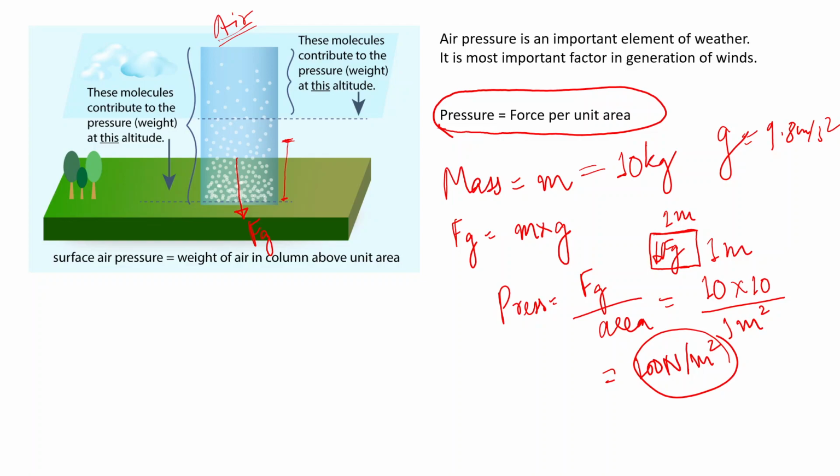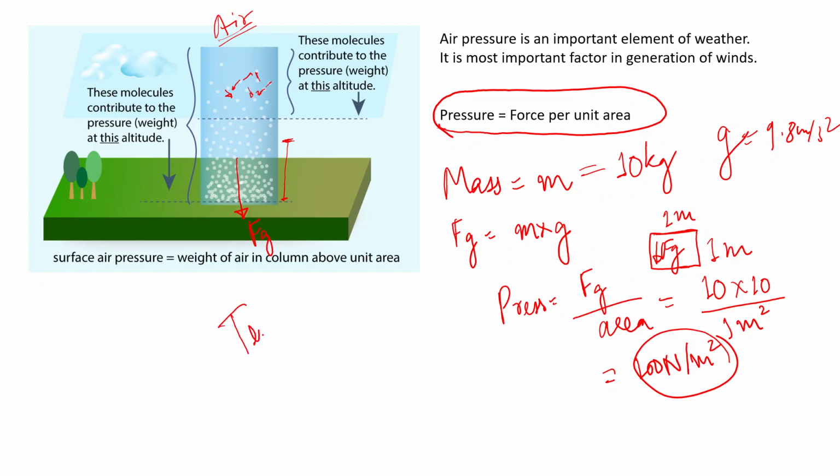So the air pressure is therefore defined as a force exerted against a surface by a continuous collision of gas molecules. Because all these molecules are not stable, they are in motion, so they collide with each other. So they apply force. Okay. So the amount of pressure exerted at a particular point is determined by two factors.